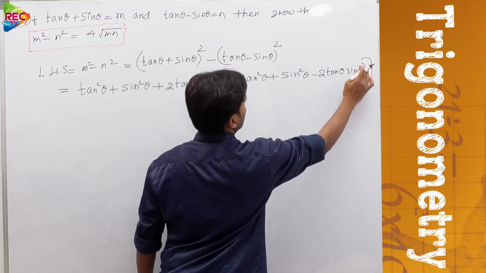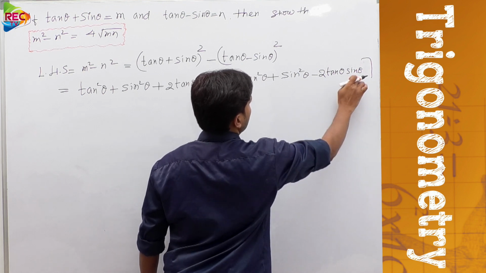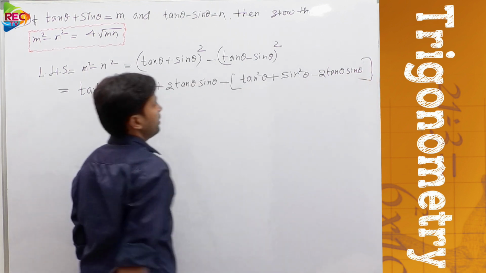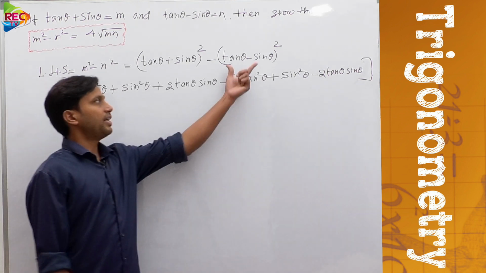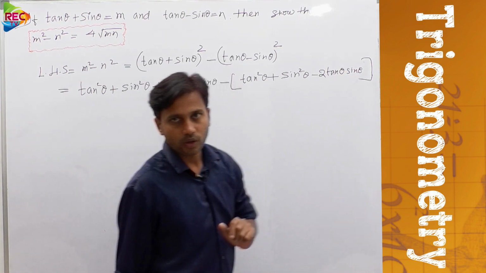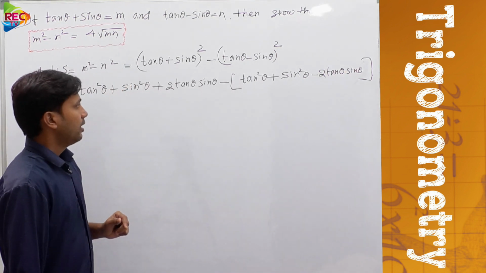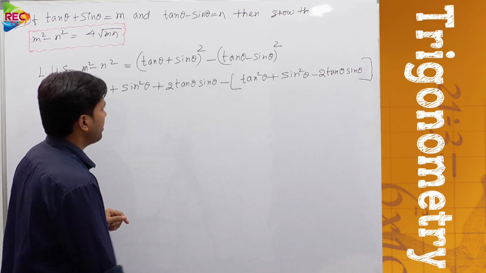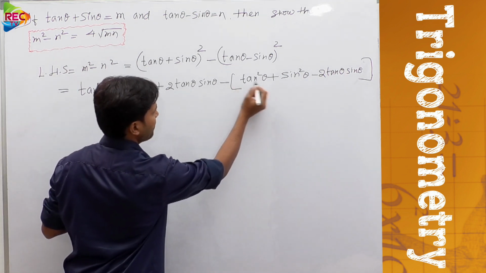Means a minus b whole square equals a square plus b square minus 2ab. Okay, like this we can write. So here we can simplify this by multiplying the minus symbol.